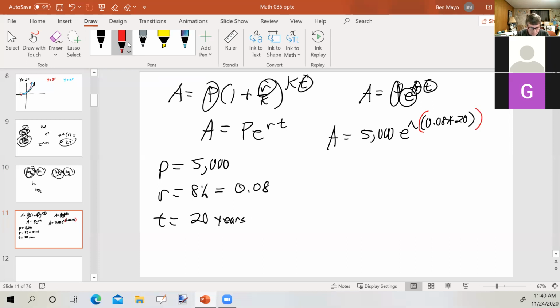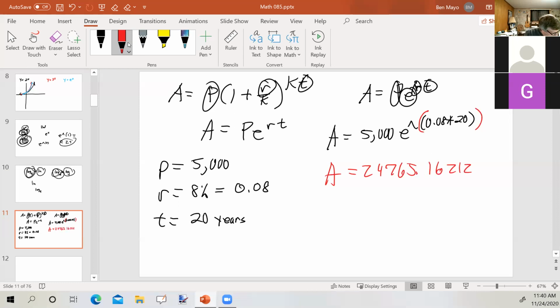So doing it all at once, in my calculator, I'm going to put 5,000, and then second e to the, and I'm going to have 0.08 times 20, close it up, and I get the following: 24765.16212.